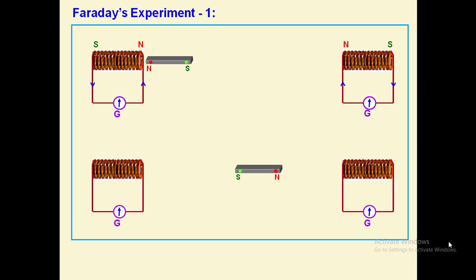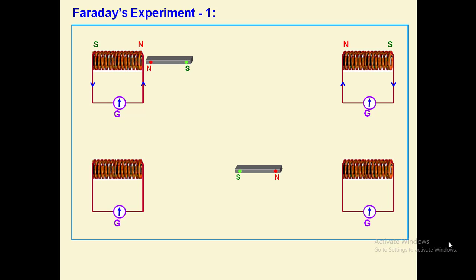Now if you clearly observe, whenever the magnet is moved towards the solenoid coil on the left hand side, the front face of the coil will develop a similar pole. That means whenever a magnetic pole is moved towards the coil, a similar pole is developed on the front face of the coil.